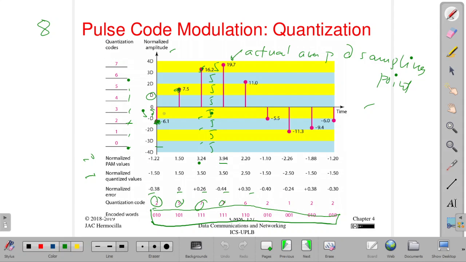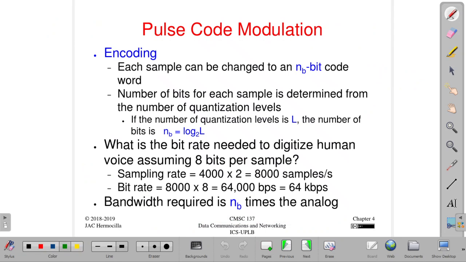So after this, we're now going to encode. So each sample can be changed to the n sub b bit code word. The number of bits for each sample is determined from the number of quantization levels.